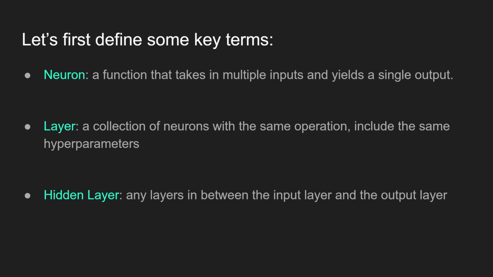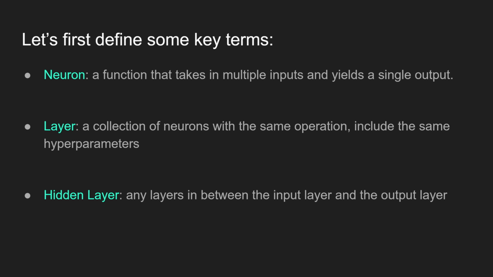If you're not sure what hyperparameters are, they're basically parameters that we can change by ourselves. So any parameters that the machine doesn't change, that humans can change, right? For example, learning rate is a hyperparameter that we can change by ourselves.